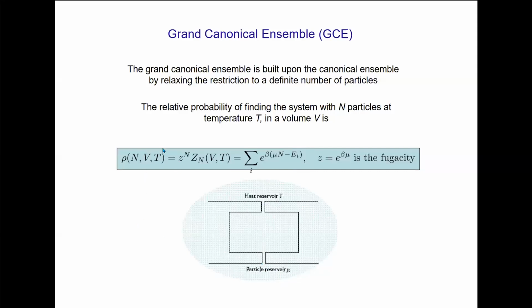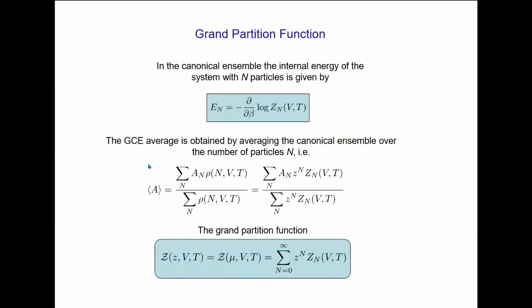And this is the relative probability of finding n particles at volume V and temperature T. Now, remember that in the canonical ensemble, once we introduced relative probabilities, we introduced averages of different values, measuring different quantities like energy, pressure, etc.